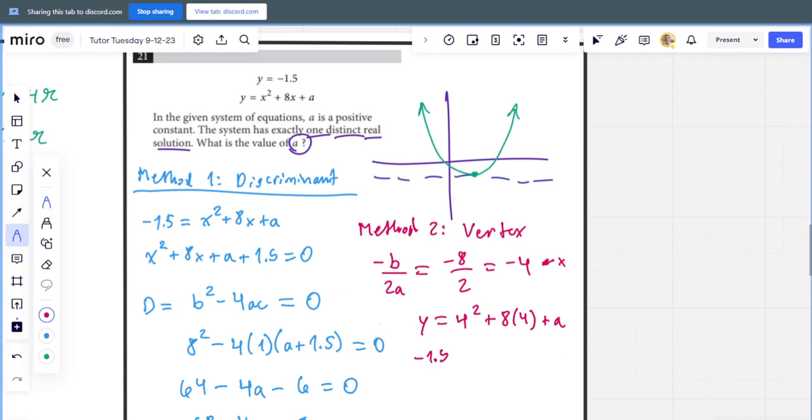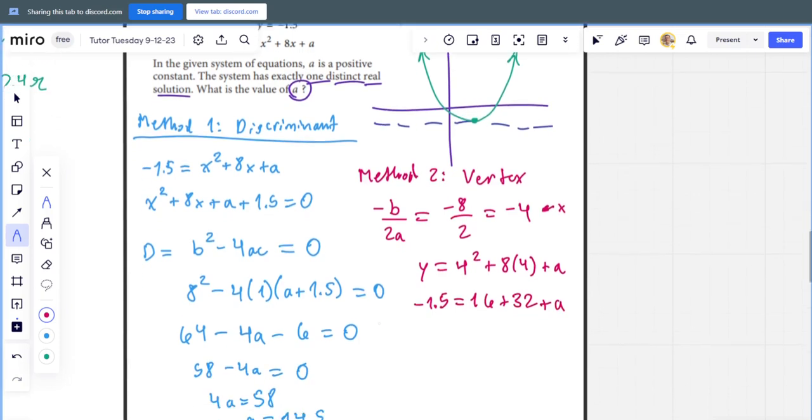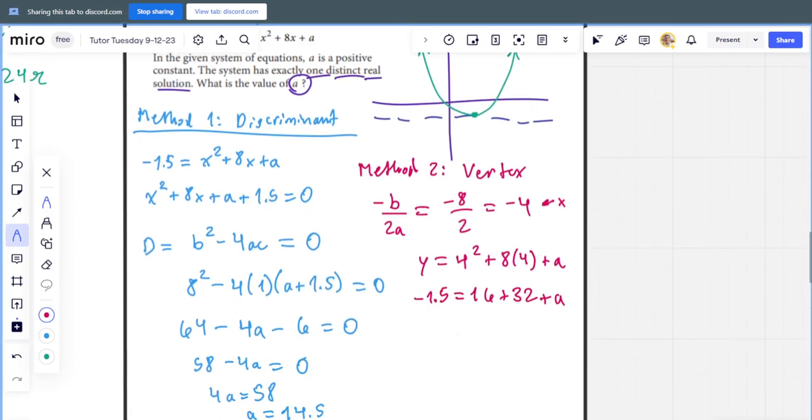Negative 1.5 is equal to 16 minus 32 plus a. So 16 minus 32 is negative 16. Negative 16 plus a. We add 16 to both sides, and we get 14.5 is equal to a. No matter which way we do it, we're going to get a equals 14.5.